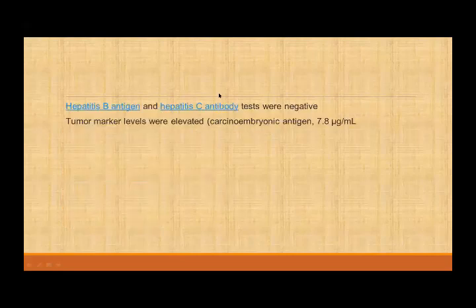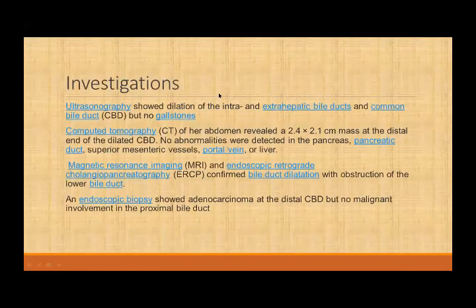Hepatitis B and C were negative. Tumor markers were elevated. CEA was 7.9. Ultrasonography showed extrahepatic bile duct dilatation and intrahepatic bile duct dilatation, with a common bile duct dilatation and no gallstones.